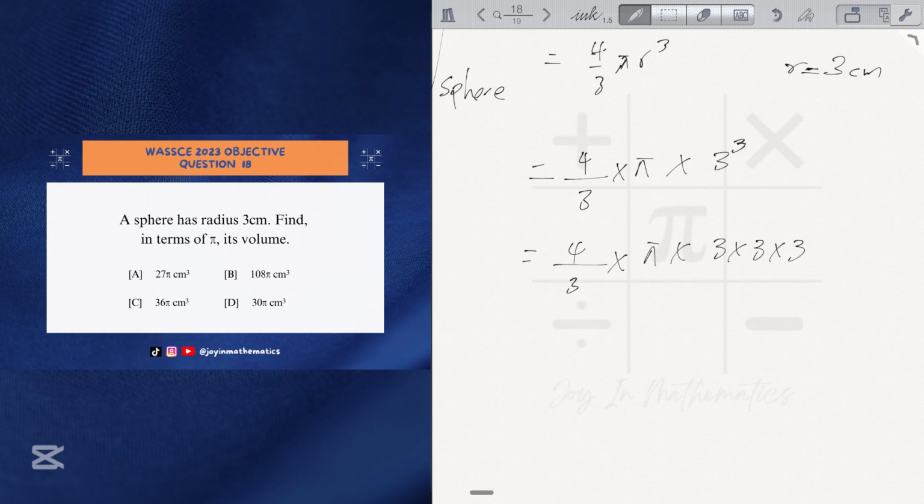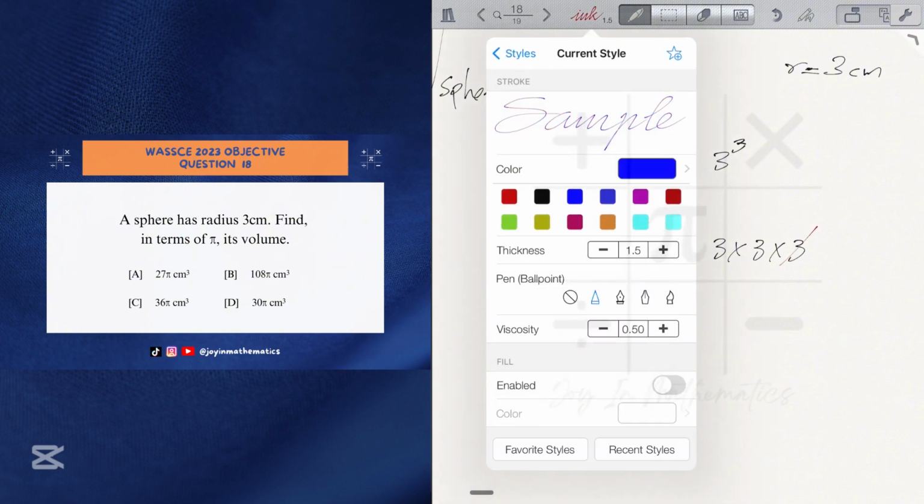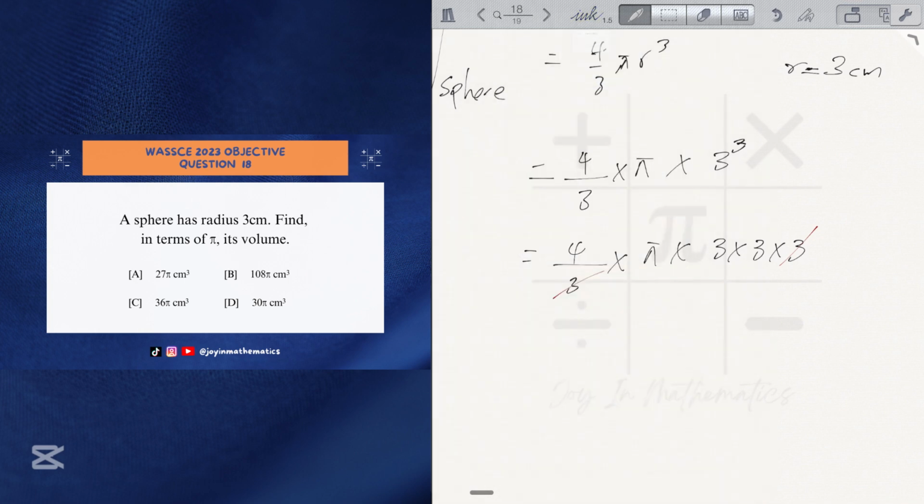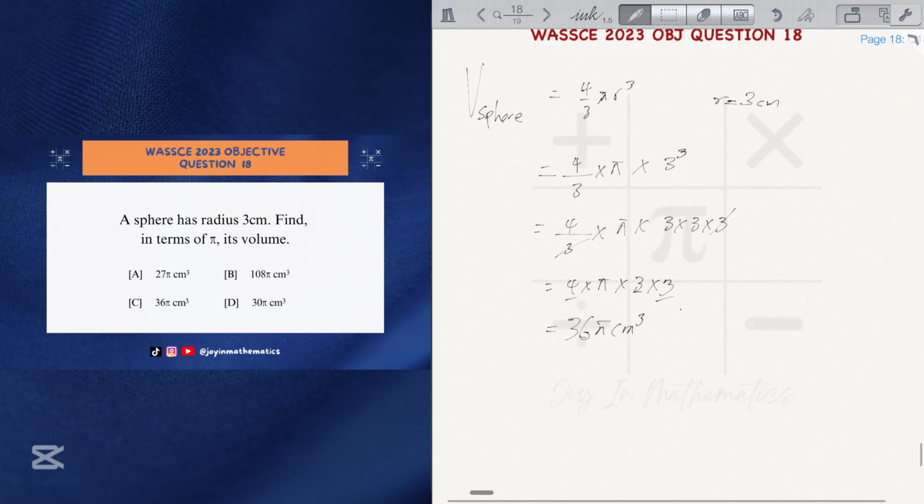This 3 can nullify this 3, giving us 4 multiplied by pi multiplied by 3 multiplied by 3. So 4 multiplied by 3 is 12, and 12 multiplied by 3 gives us 36. So this will give us 36 pi, and the unit of volume is centimeter cube. And this is equivalent to option C. So all that we need is to know the formula for the volume: the volume of the sphere is 4 over 3 pi r cube.